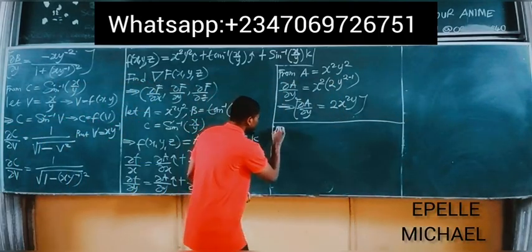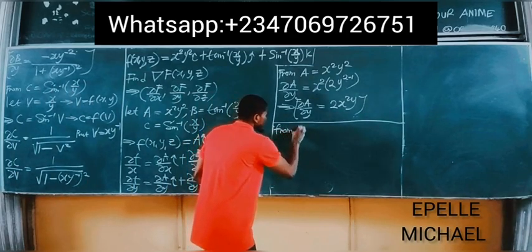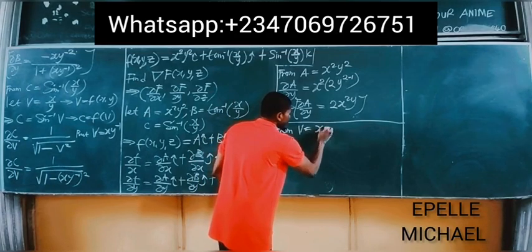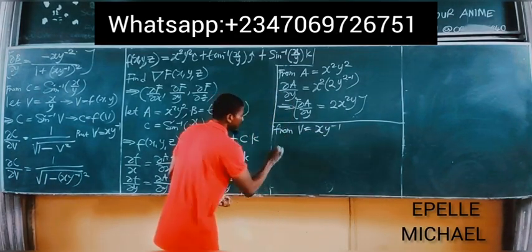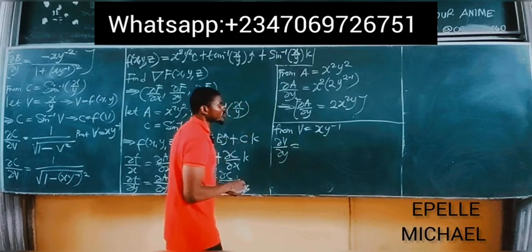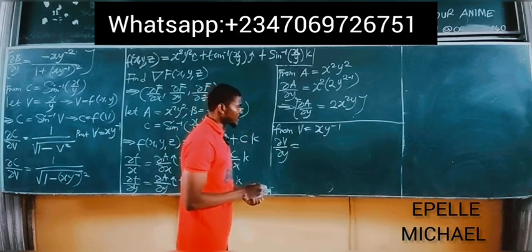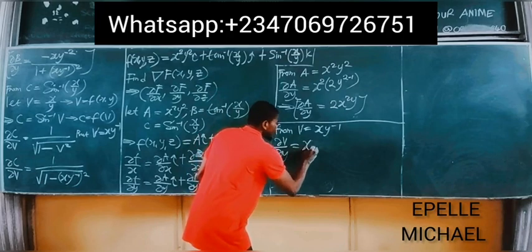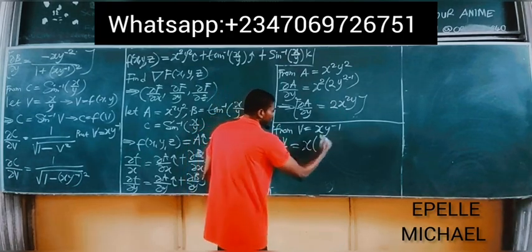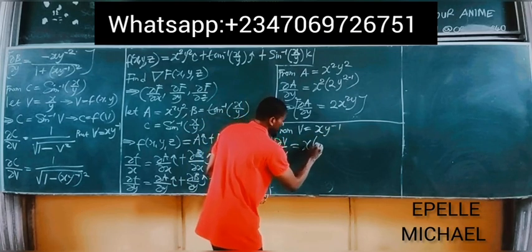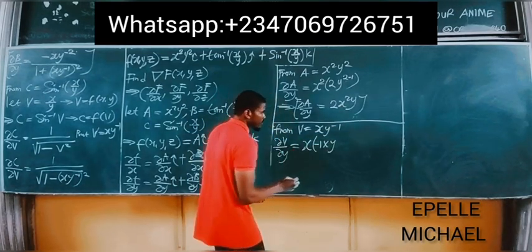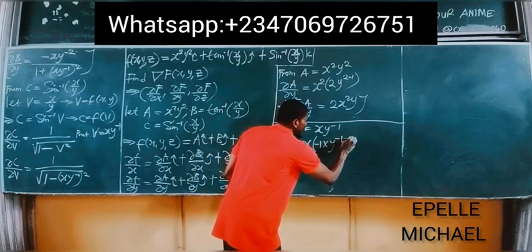All right, so from v equals x y to the power of minus 1, I will differentiate v now partially with respect to only y, which means I'm going to be holding x as a constant. So you keep x constant, differentiate y. To differentiate y, use the power to multiply y. The power is minus 1, it becomes minus 1 times y, then subtract 1 from the power, minus 1 minus 1.